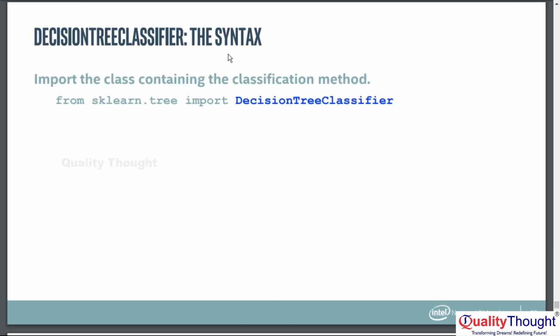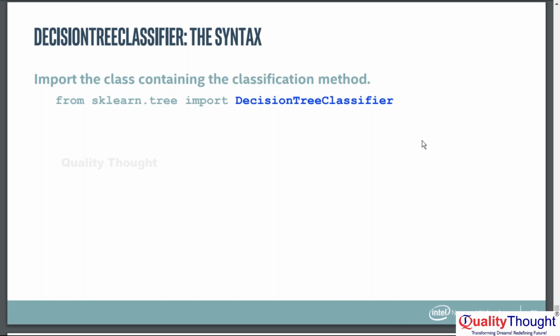This is generally the syntax that we will go ahead with. From sklearn.tree, we import DecisionTreeClassifier. This is a method that we will be using.